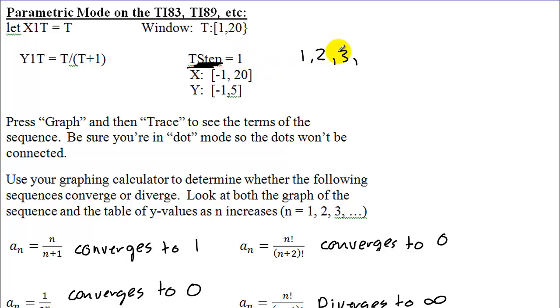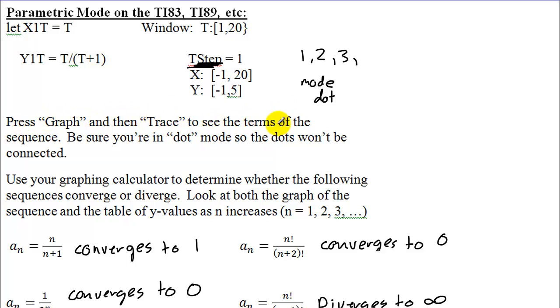You don't want to plug in 1.1, 1.2, 1.3. That doesn't make any sense for sequences. The x needs to be from -1 to 20, and the y needs to be -1 to 5. In the mode, also, you'll want to put your calculator into dot, not connected.